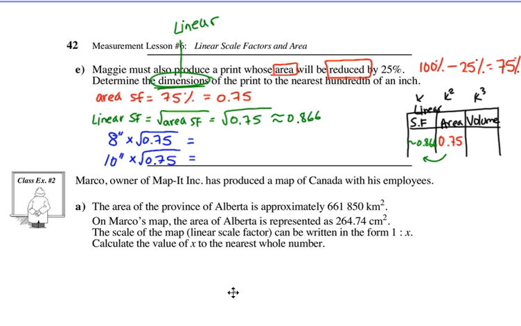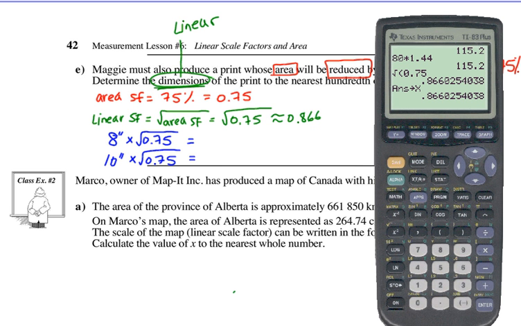If you use 0.866, because we're rounding to the nearest hundredth, it should be fine. Multiplying 8 by 0.866 versus 8 by the square root of 0.75 still gives the same answer to the nearest hundredth, because we want 2 decimal places. Using 3 decimal places won't mess up our final answer.